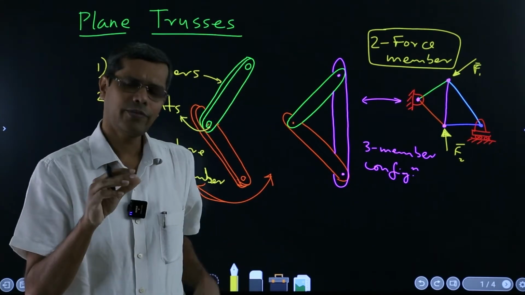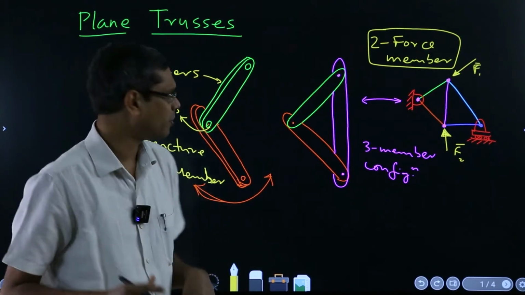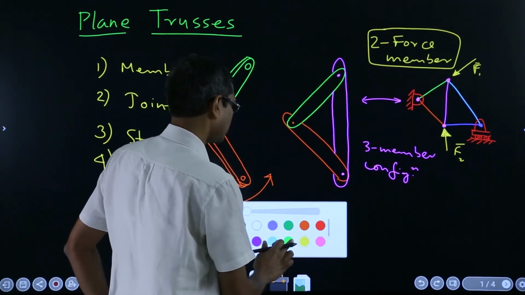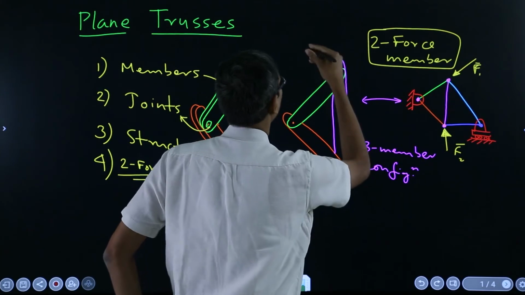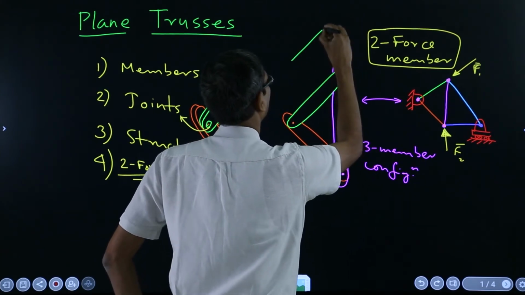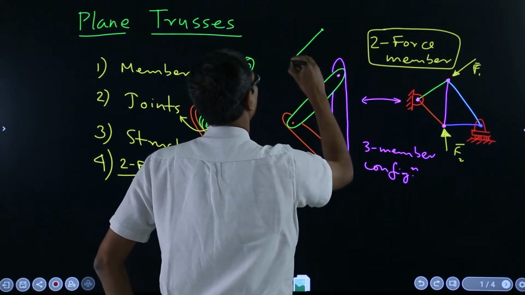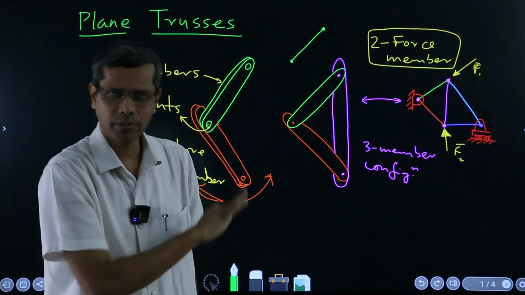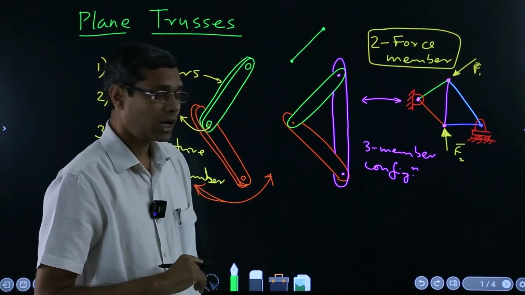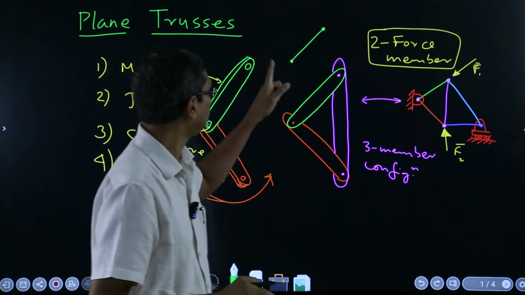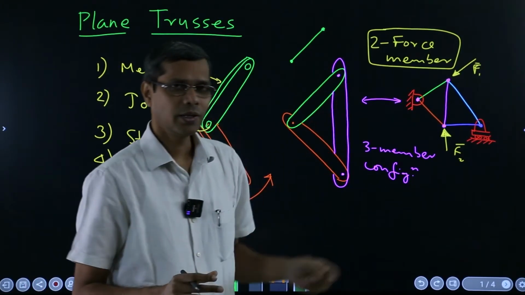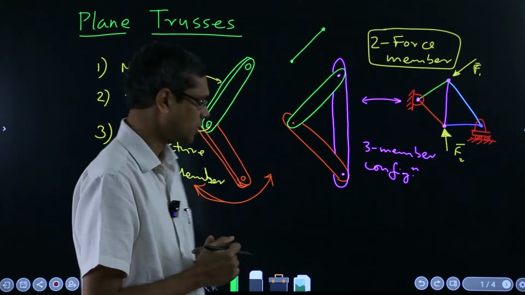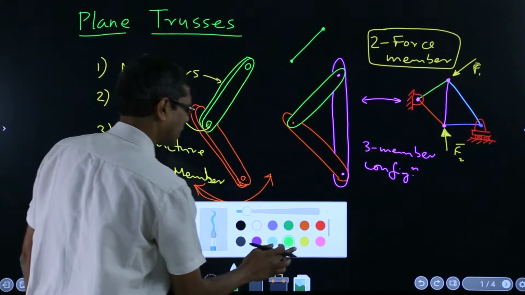See, now each of these members, if I suppose this green member, if I bring it out from this structure, if I show it here like that, it is in equilibrium under the structure, but now there are only 2 points of connection with the system, so that I can add here.